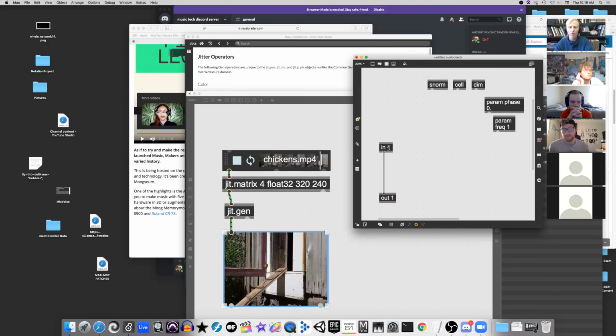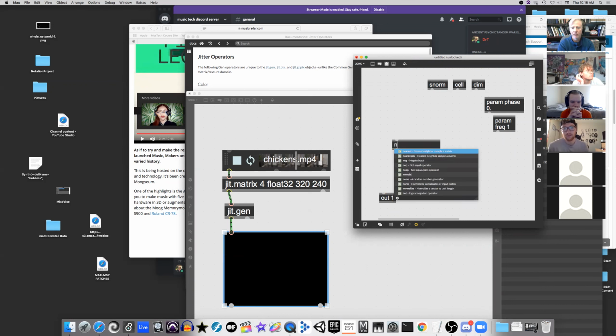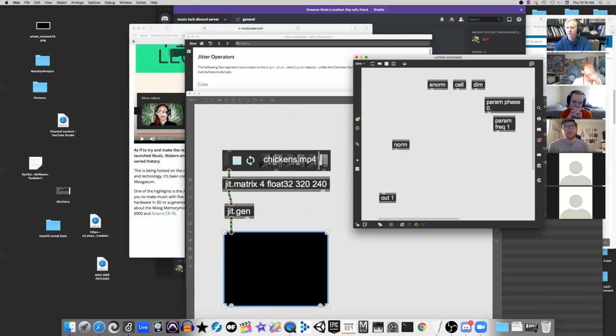Right, so we have 2 dimensions here. What would happen if I did norm here? We're dealing with 320 and 240. It would scale them between 0 and 1. That's correct, and that would associate with which planes? With ARGB, or well, just AR, essentially.